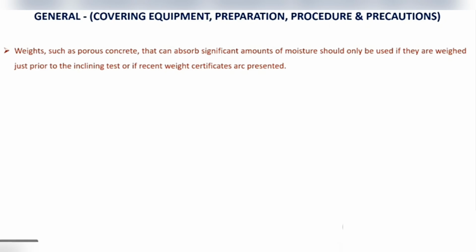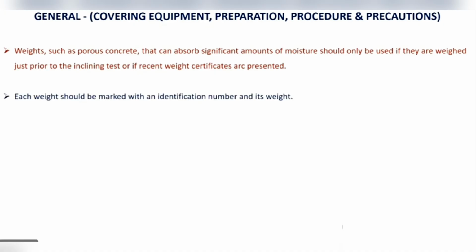But if the weight has a tendency to absorb moisture, then it must be weighed just before the experiment. Because if the weight does not absorb moisture, then it can be a certified weight with the weight written on it, okay, 10 ton, 5 ton, 3 ton, whatever it is. But if it has a possibility of absorbing moisture, then you need to weigh it just before the experiment.